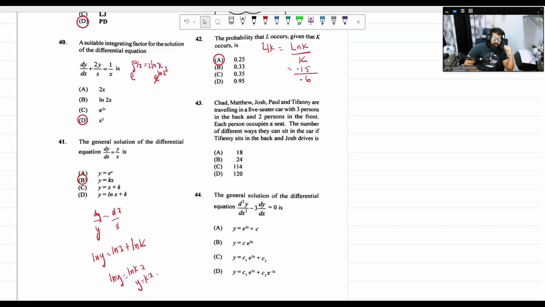So if Tiffany is sitting in the back and Josh is driving, we have to seat 3 people: Chad, Matthew, and Paul. The number of ways I can seat those 3 people is just 3 factorial ways. Cool?